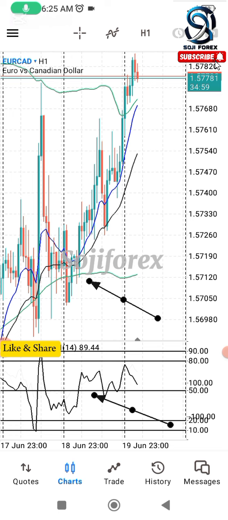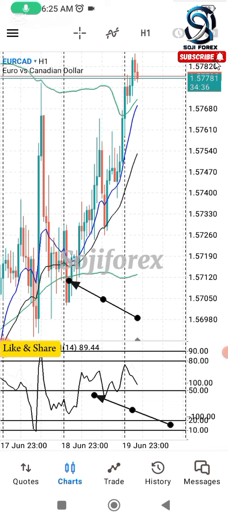Now, this strategy is applicable to trading Bitcoin, gold, GBP, USD, synthetic indices, boom and crash, whatever has a candlestick. This strategy works on it.